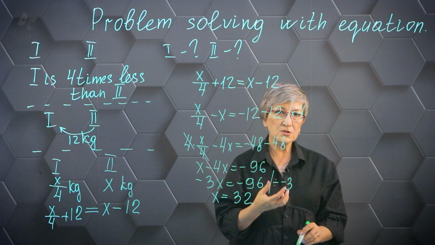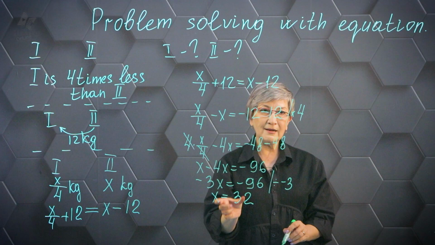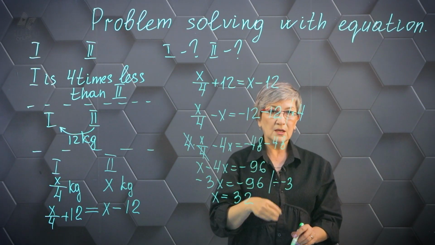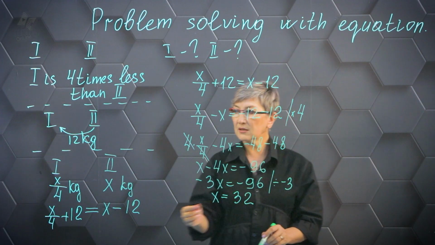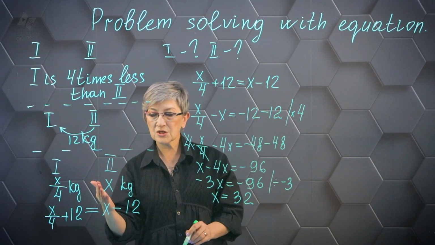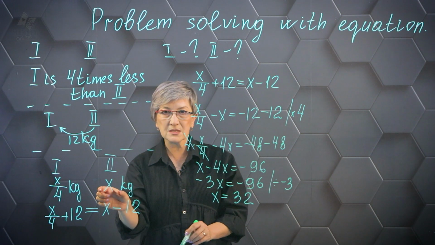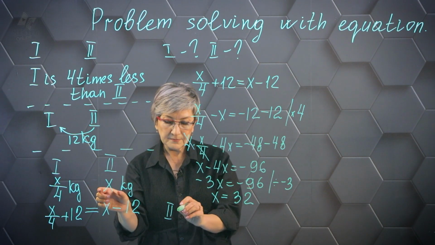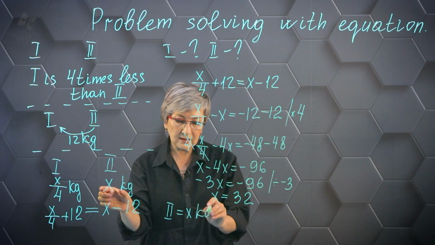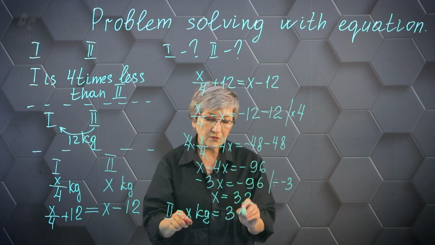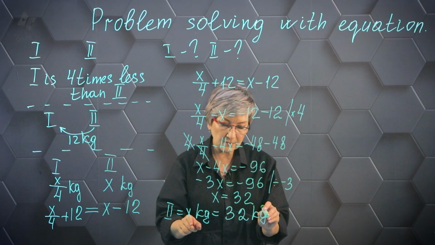Let's answer the question of our problem. How many cookies were in the first box and in the second box? In order to answer this question correctly, let's go back to our condition. We labeled that in the second box we have X kilograms. Since X equals 32, there are 32 kilograms in the second box.